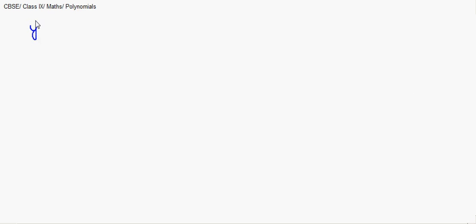Suppose the question is asking, this is a polynomial given. I write the question first, and the other one is 3x squared, suppose, minus something plus. Are these two expressions polynomials in one variable? Yes, they are polynomials in one variable.